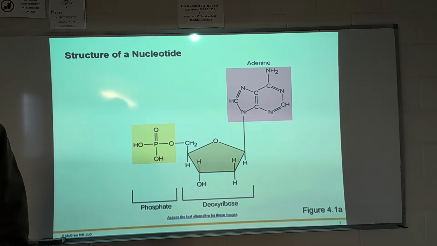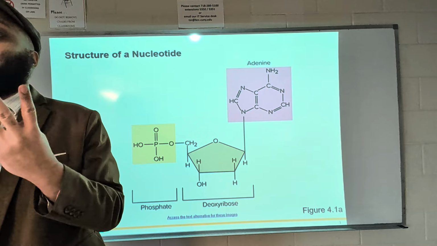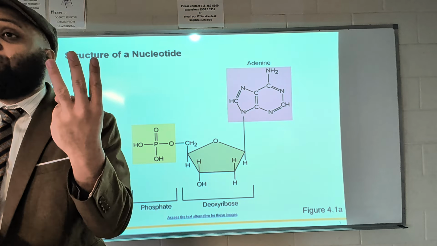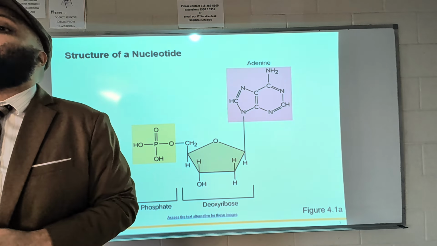And lastly, you have a phosphate group. Those three, you need to know those three-headed beasts. The first head is the nitrogenous base. The second head is the monosaccharide ribose sugar. And the last head is the phosphate group. If you combine the three, you get a nucleotide.